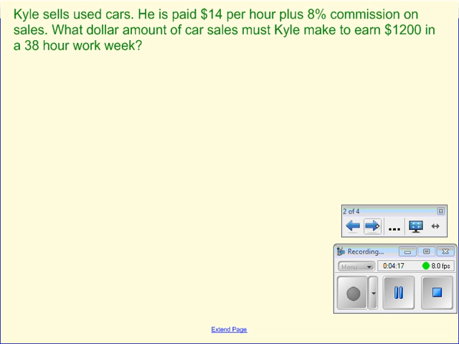So the first thing I'm going to do is say the amount of time he works is equal to h. So h is equal to the time Kyle works, time working. I'm going to say that E is equal to the amount that he earns overall, E is like money earned.